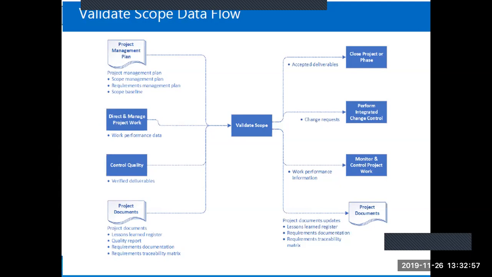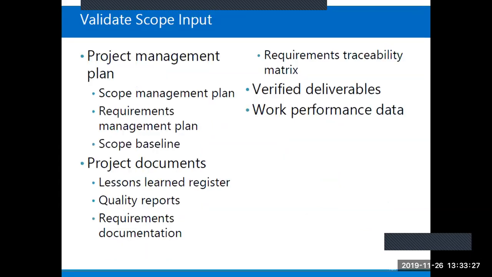In fact, validate scope is the near-end process in the entire project management process framework, the ultimate process before close project or phase. Then you have perform integrated change control. You have change requests there. You have work performance information, and so on.